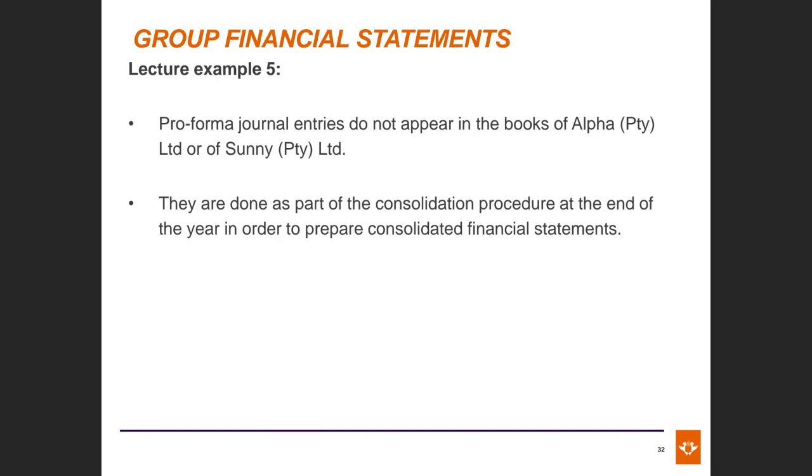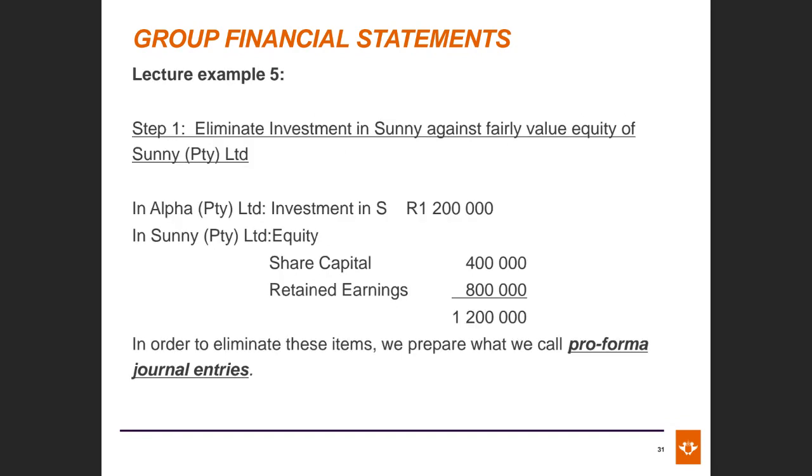They will only appear in the consolidated financial statements. So they are done as part of the consolidation procedure at the end of the year in order to prepare the consolidated financial statements. Just ask yourself, in whose financial statements are you recording these items?